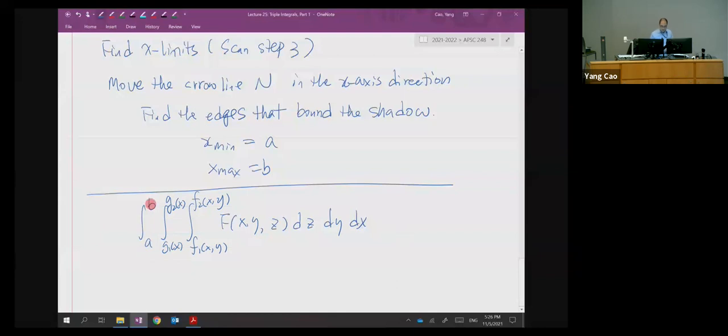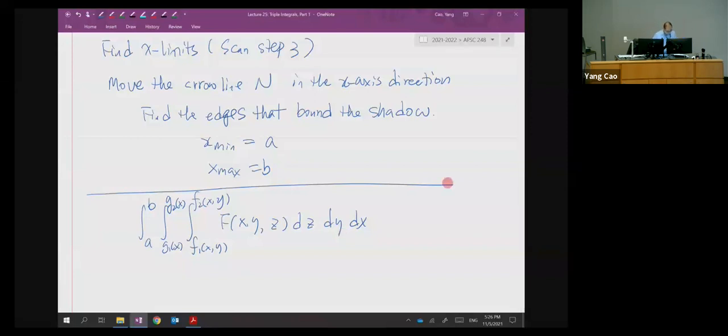The rest of the work is just carefully calculating the integrals from the inside out. When you calculate the first integral with respect to z, you treat x and y as constants. Once you get the first step done, the z will be gone. You integrate with respect to y, but you treat x as constant. That way, at the end of the day, you will get a number for this triple integral.